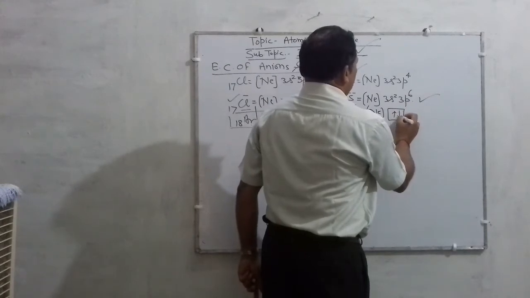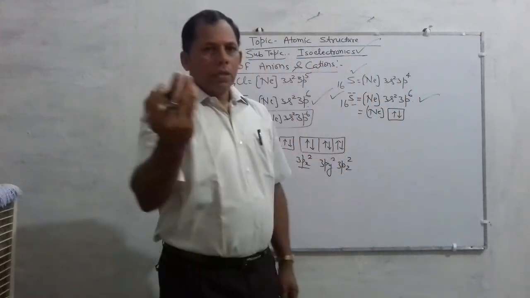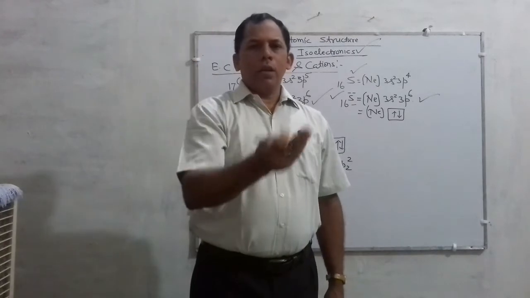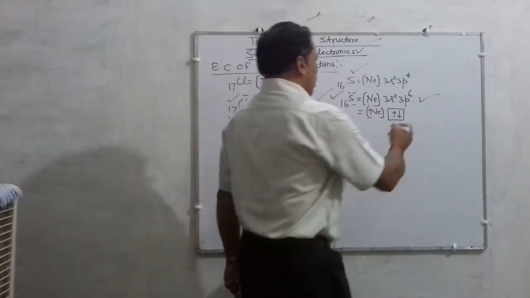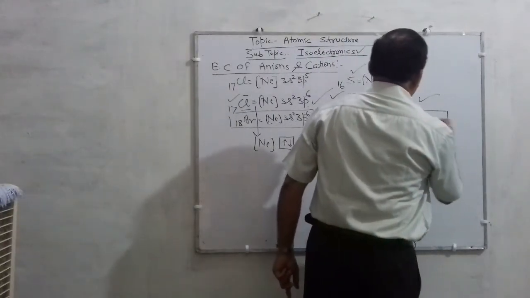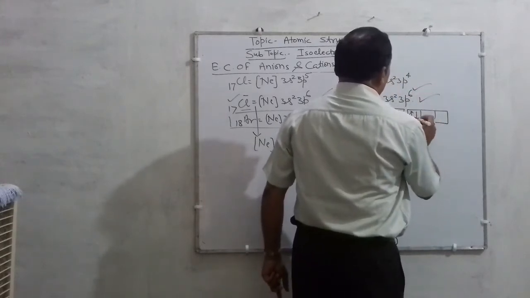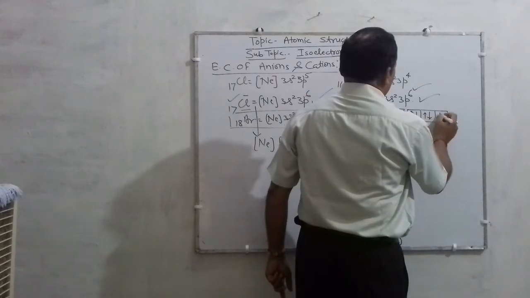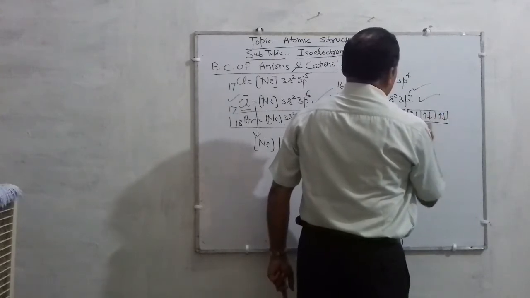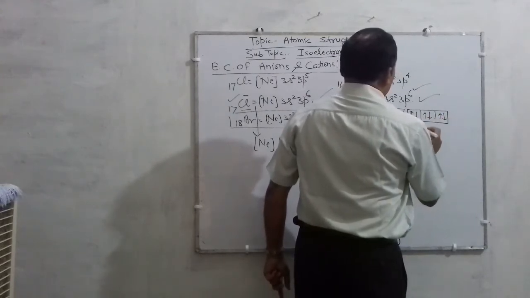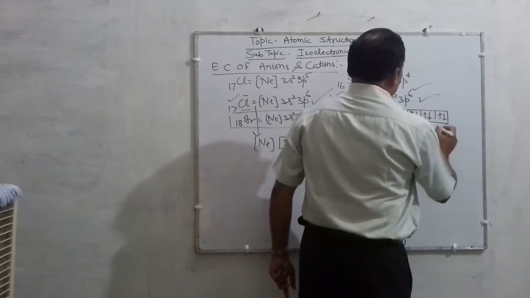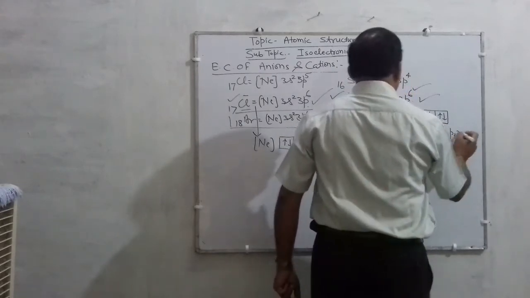And in the same case, this is also neon, and this is the s orbital, no doubt, which can contain a maximum of 2 electrons and is of only one kind. And this is the p subshell, 6 electrons are there, so they will be in such form. So this is 3px2, this is 3py2, and this is 3pz2.